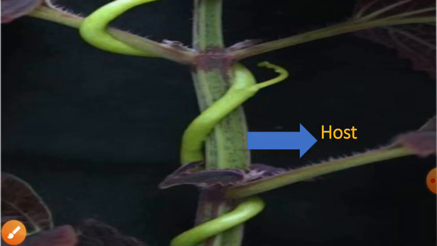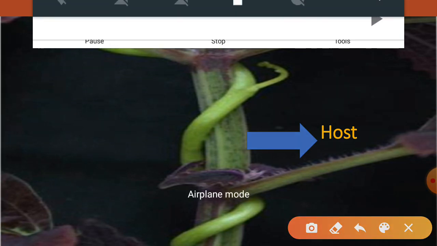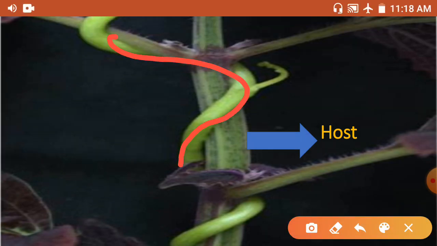For example, cuscuta is a plant which looks like a yellow thread-like structure, twirling around the stem and branches of some tree. It lacks chlorophyll but takes ready-made food from the host plant.